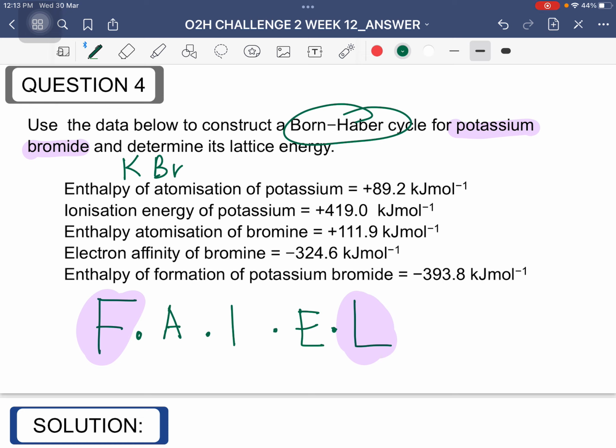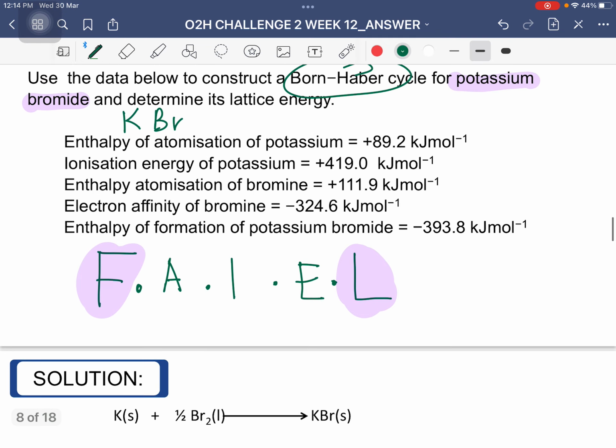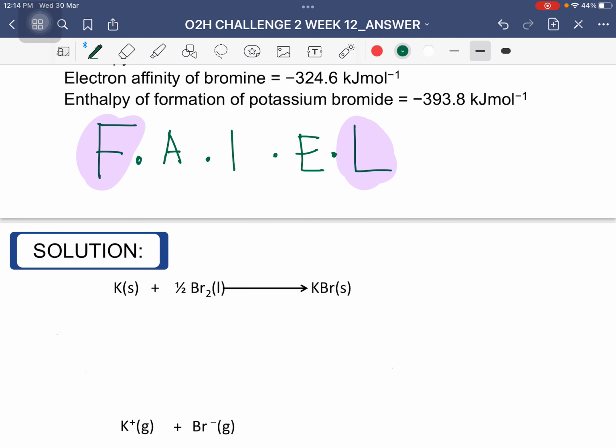Okay, potassium bromide. The formula is KBr. How to form? That is 1 mole compound form. That means we need to maintain 1 mole of KBr form. It is formed from 1 mole of K, and then 1 Br. So kat sini Br2 setengah. Okay, formed from its element. So the KBr is formed from potassium and Br2.